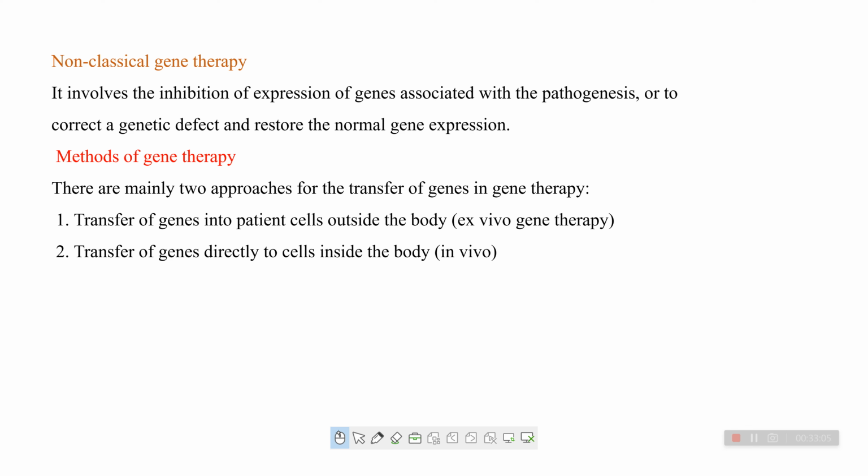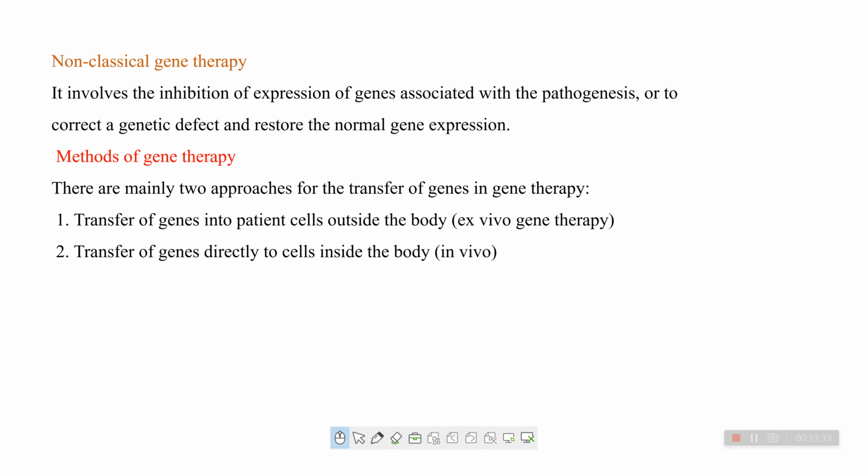There are two types of process: first is ex vivo gene therapy and another is in vivo gene therapy. In ex vivo gene therapy, there is transfer of the gene into a patient from outside the body, and in vivo there is transfer of the gene directly to cells inside the body.